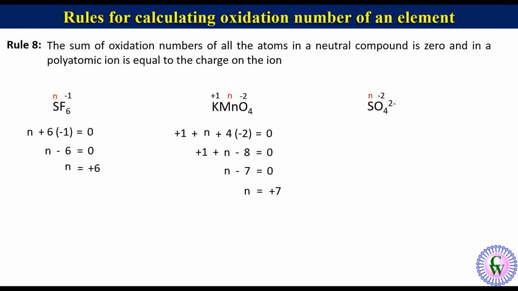So we can write N plus 4 into minus 2 is equal to minus 2, since the charge on the sulfate ion is minus 2. Or we can write N minus 8 is equal to minus 2, or N is equal to minus 2 plus 8, or N is equal to plus 6.